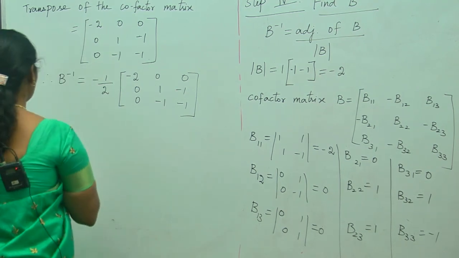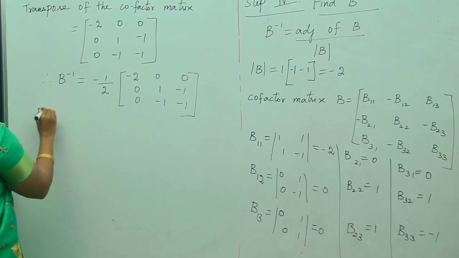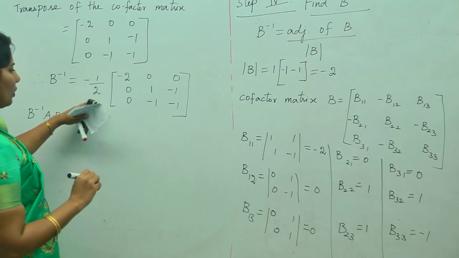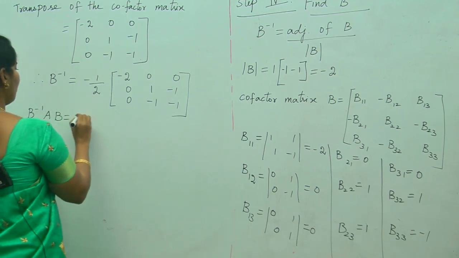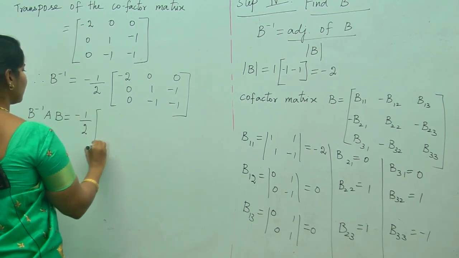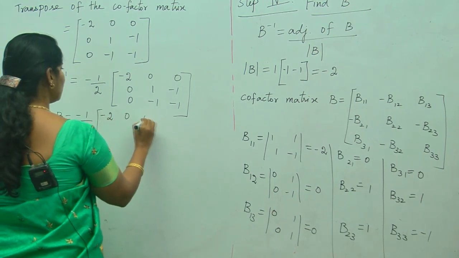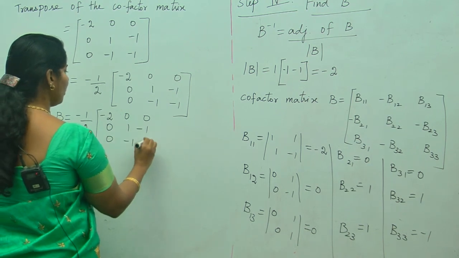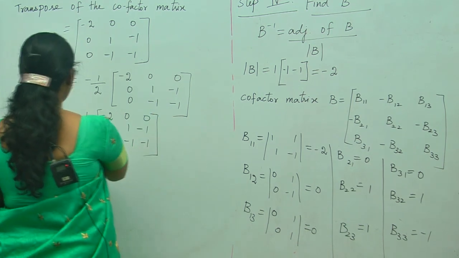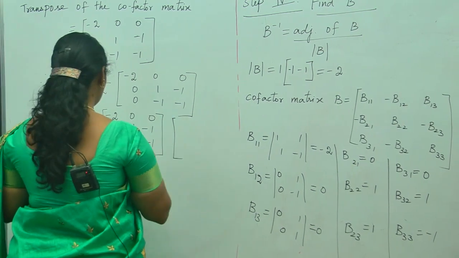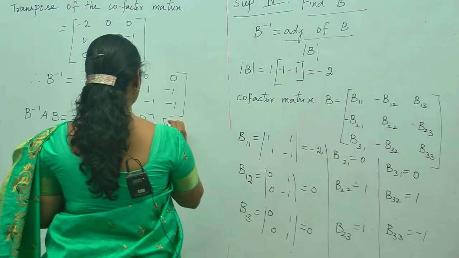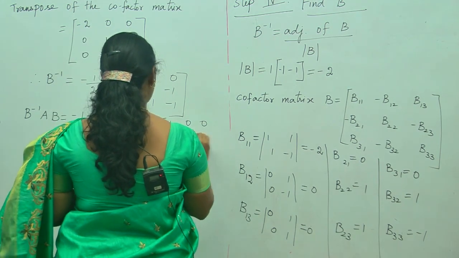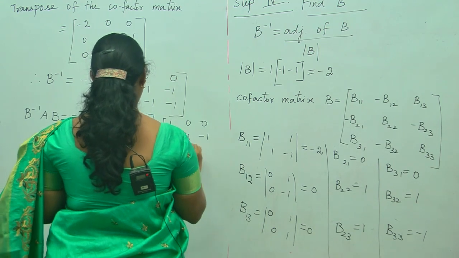Last step, find the product B inverse AB, which will give you the diagonal form of the matrix. We have found out B inverse, minus 1 by 2, minus 2, 0, 0, 0, 1, minus 1, 0, minus 1, minus 1, and then A, that is the given matrix A, 1, 0, 0, and 0, 3, minus 1, 0, minus 1, 3.